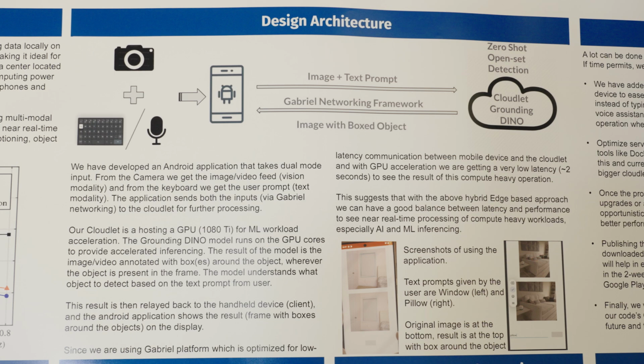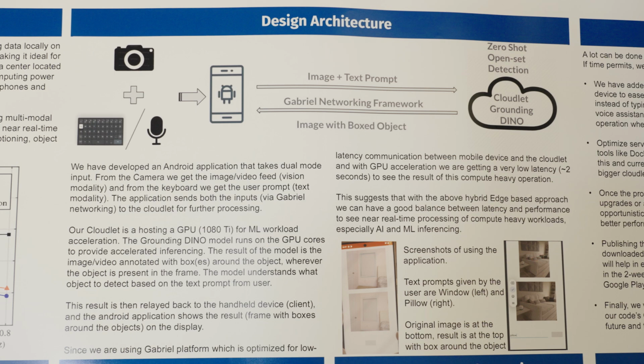And then it will use the Gabriel framework to send these inputs over to the cloudlet that is hosting our Grounding Dino server, and it will perform the zero-shot object detection and then provide that image back using the Gabriel framework again, and the output will be displayed on the Android app.